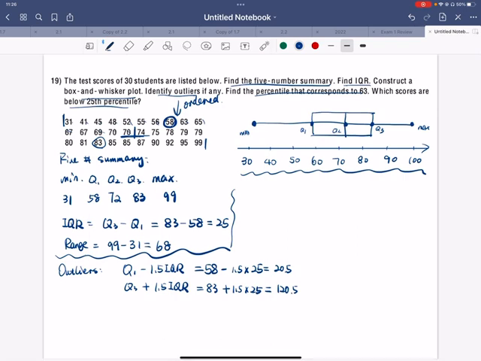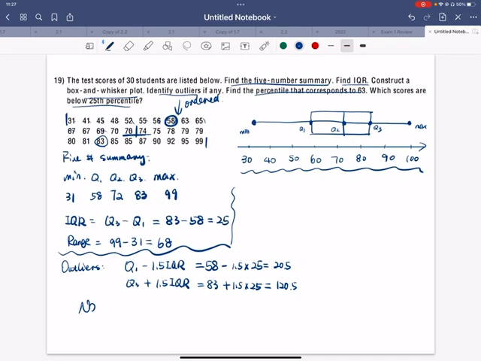And there we go. Do we have any number that is smaller than 20.5? No. Do we have any number that is greater than 120.5? Also no. So there's no outliers. That's good.